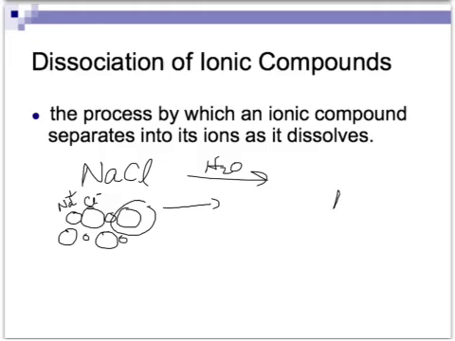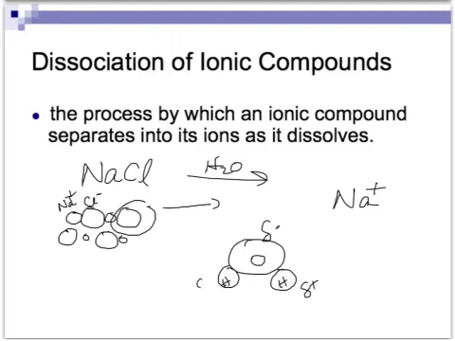So let's now draw solvation of the individual ions in sodium chloride. The sodium ion, of course, has a positive charge, so it is going to be attracted to the negative end of water. Although water does not have a full negative charge, it is a polar molecule, and it has partial negative and partial positive charges.